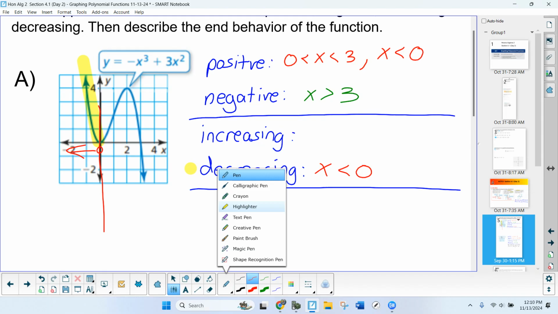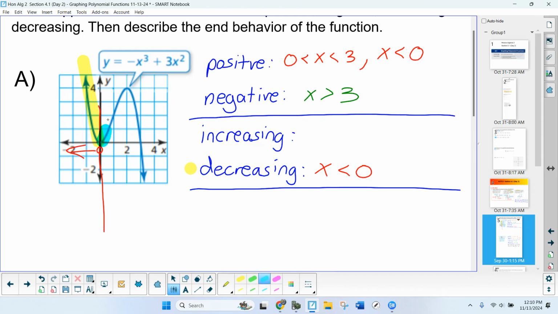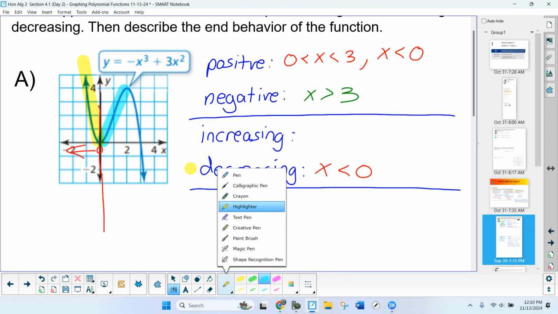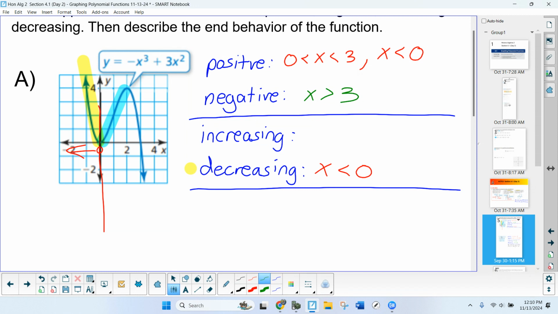Then you start going what? Up. And you're increasing between what? 0 and 2. So you're increasing between 0 and 2.